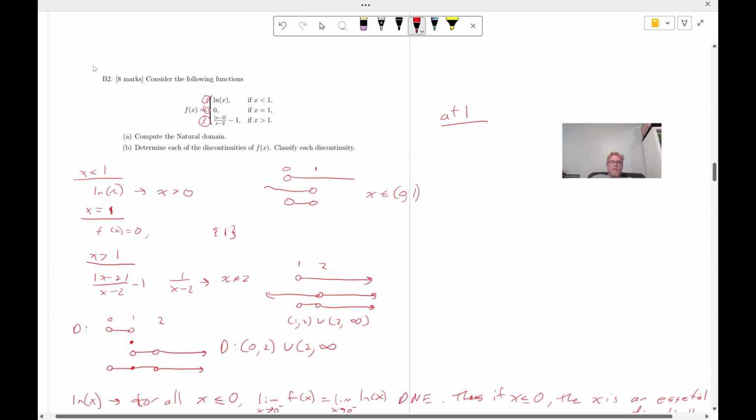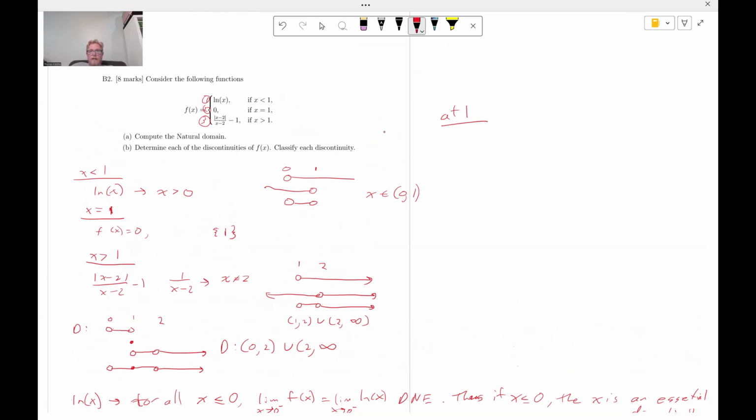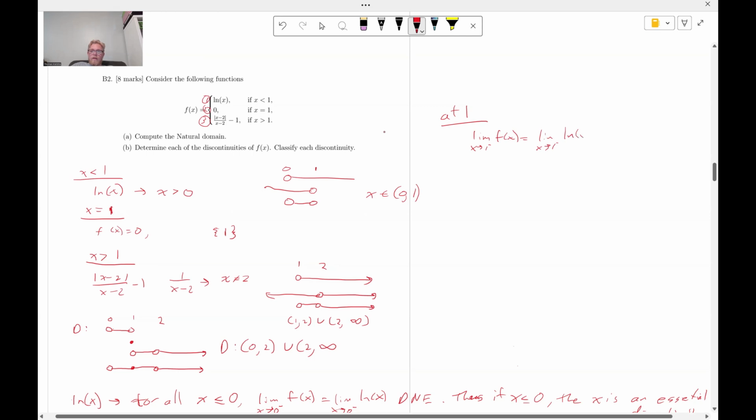For at 1, the limit as x approaches 1 from the negative of f of x equals the limit of ln of x, which equals ln of 1, which equals 0.